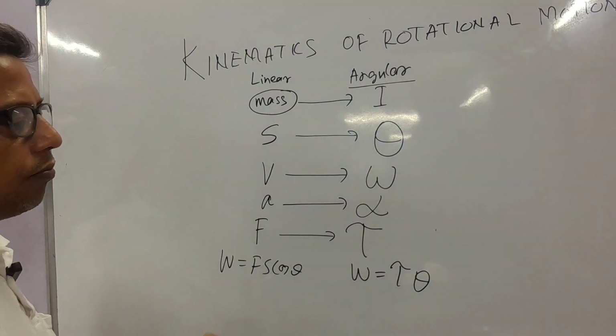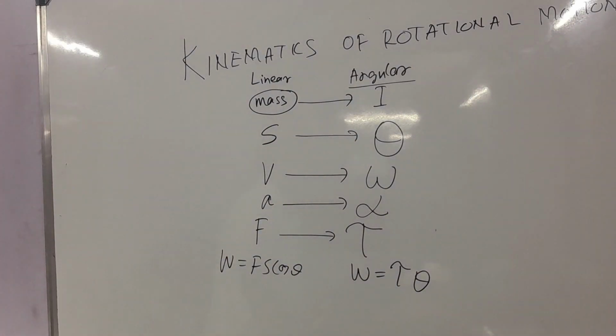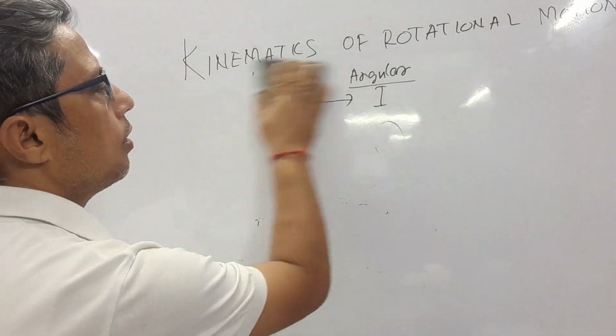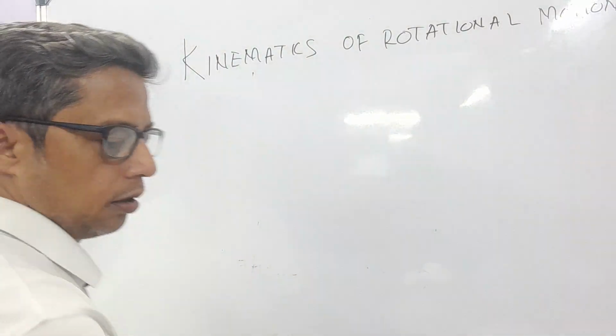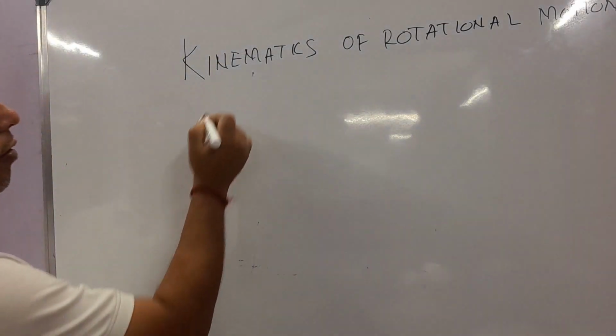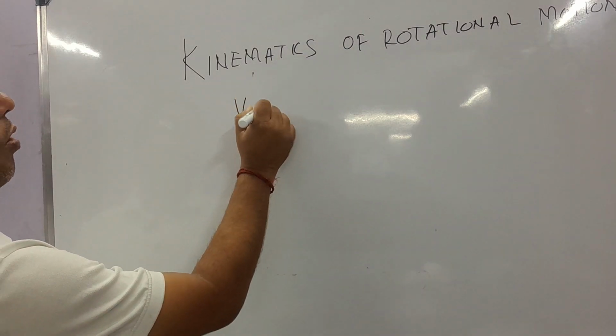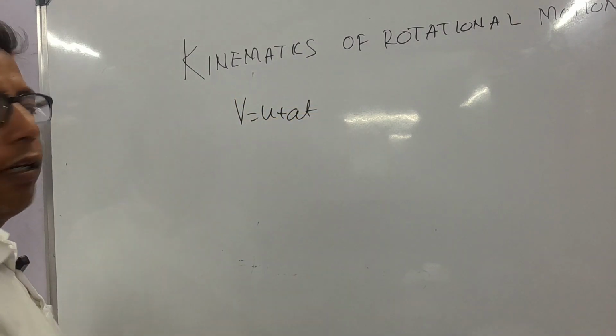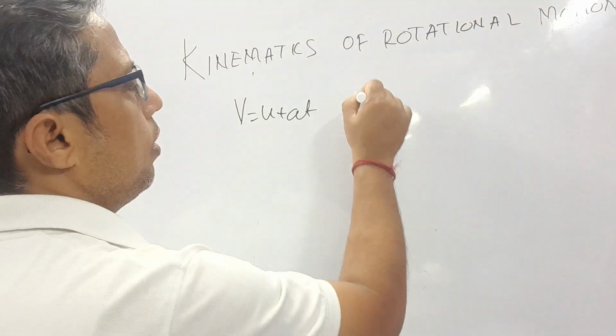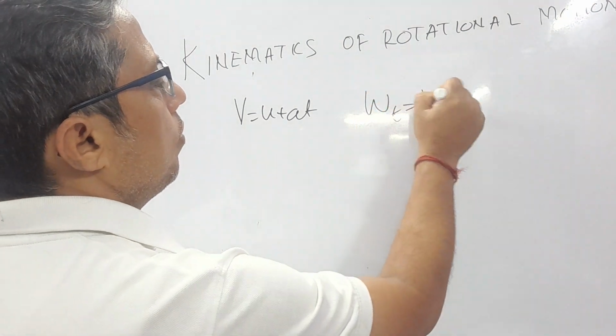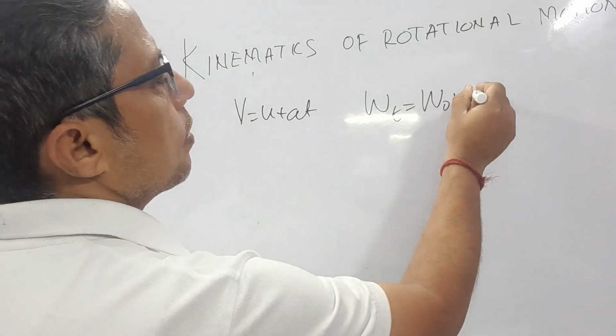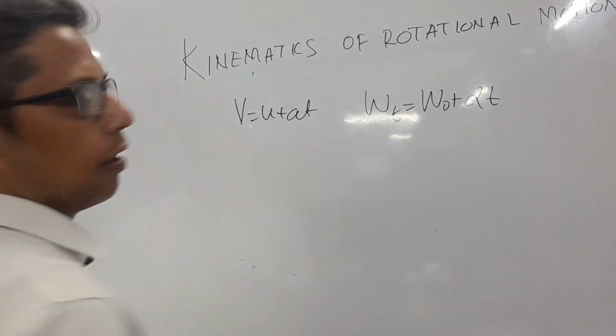Now, what are the equations of motion? I will show you the kinematics of rotational motion. Let me remove this part. Linear is v equals u plus at. For rotation it will be omega equals omega 0 plus alpha t.